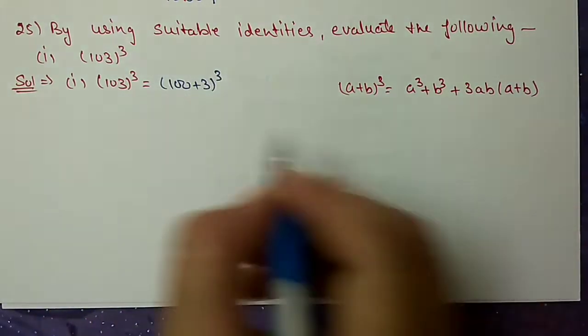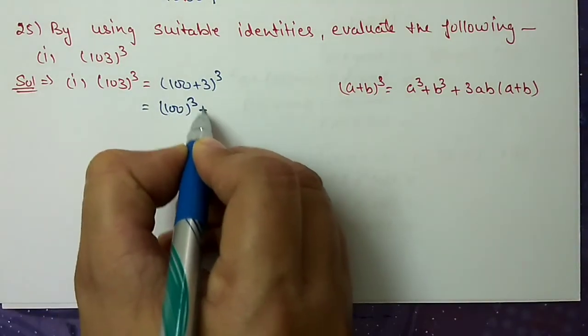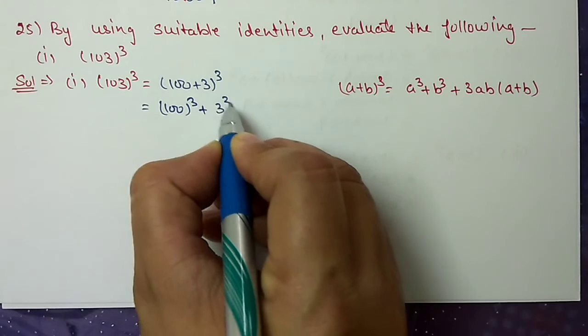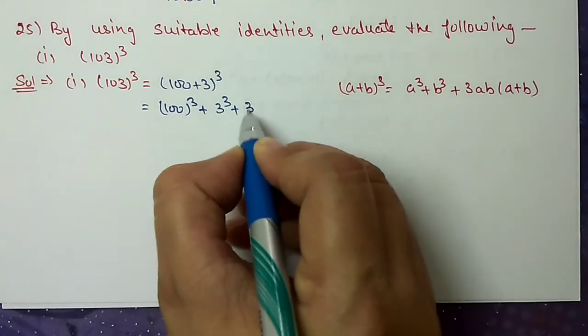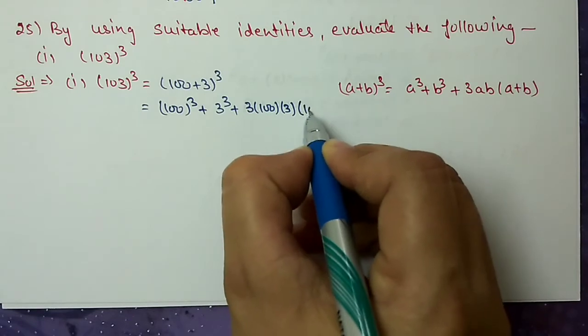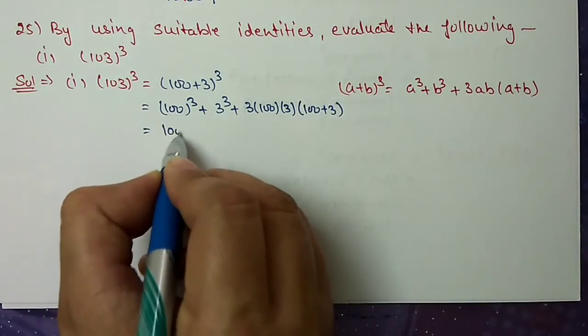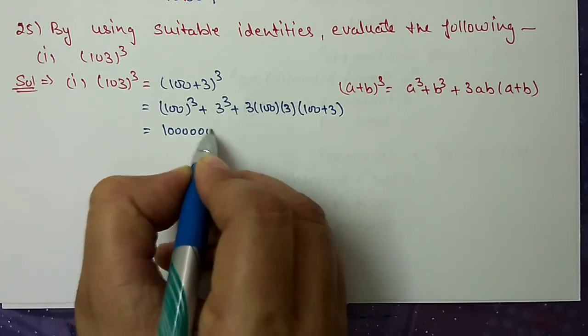Now apply the formula. First, a cube means 100 cube, plus b cube means 3 cube, plus 3ab, 100 into 3, and in bracket a plus b means 100 plus 3. This will be, after 1, we will be having 60 here.